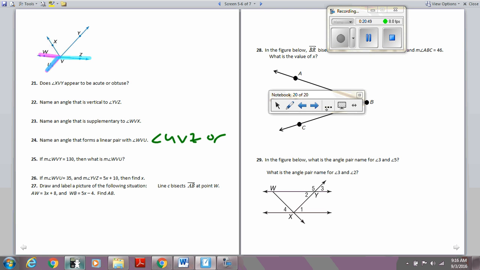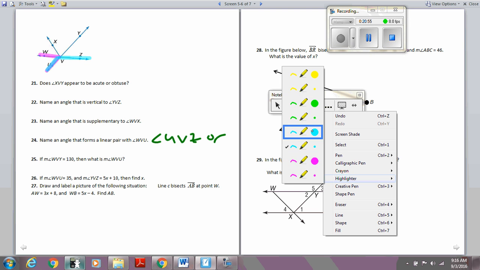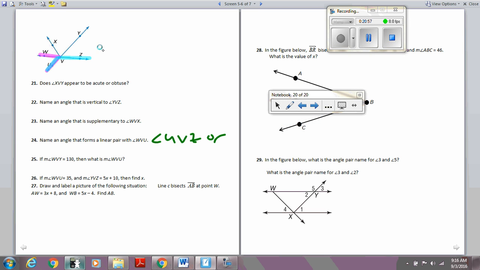You could also say angle WVY. Again, they have to be adjacent and form that line together.